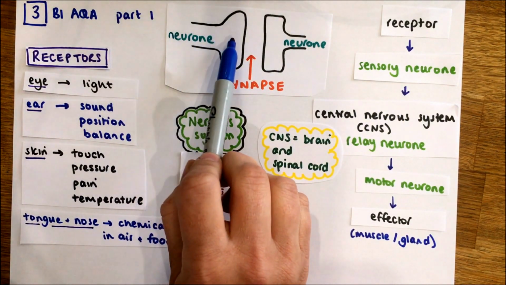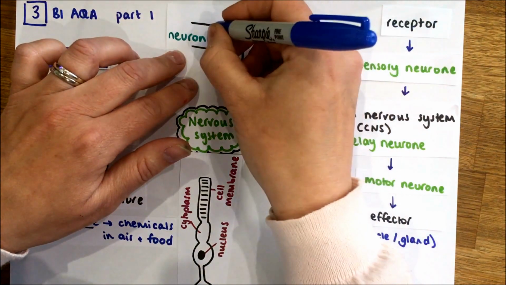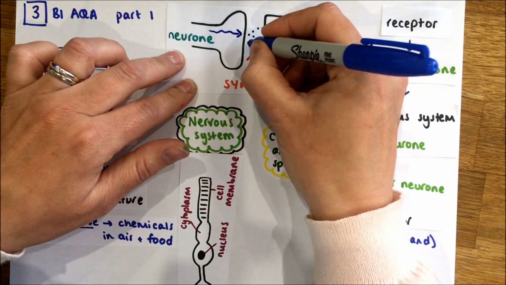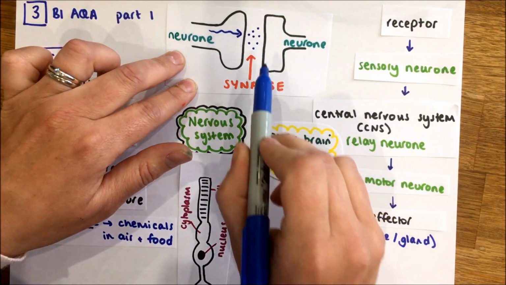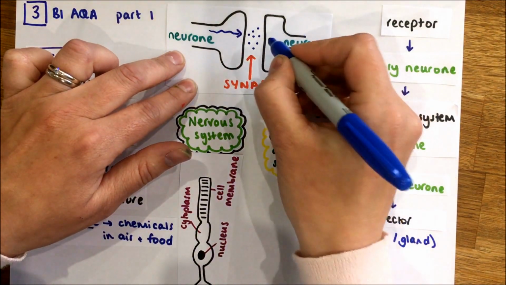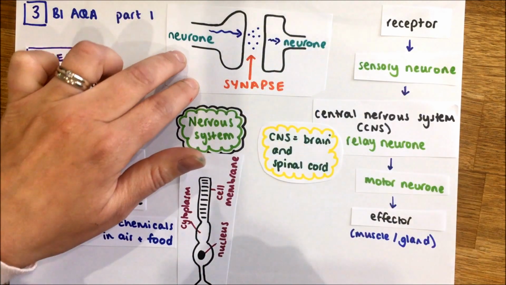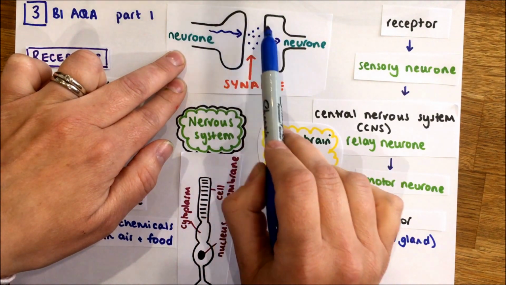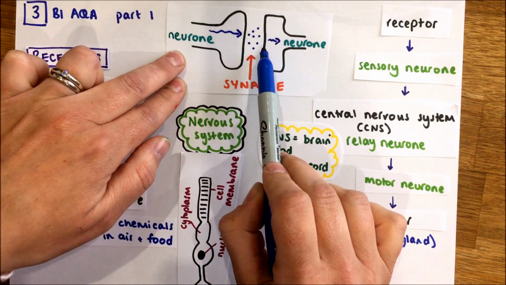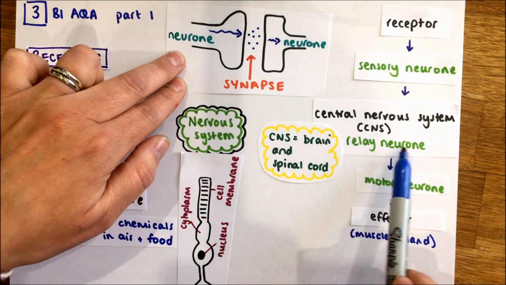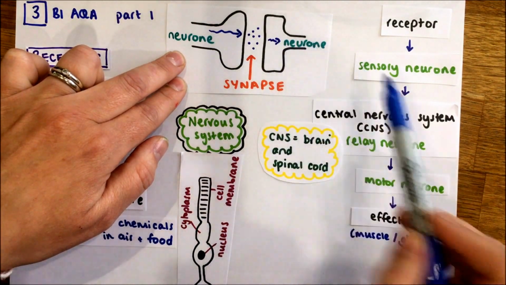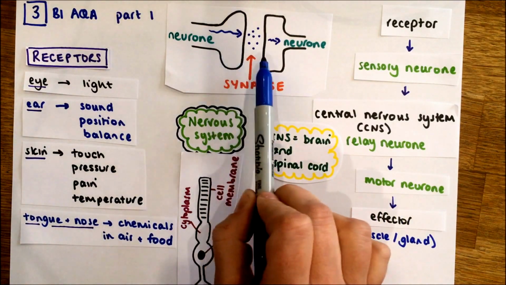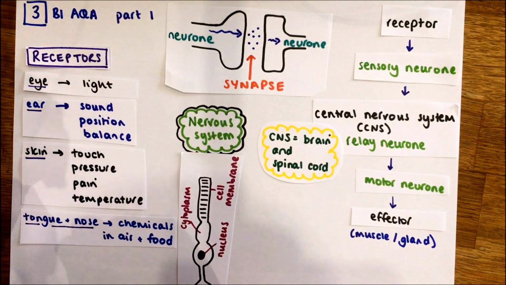So it passes down the sensory neuron, reaches this gap, and this is all an electrical message passing down, and then it releases a chemical into this synapse, and that chemical travels all the way across to this neuron here and then causes an electrical response in that neuron. So that could be the relay neuron. So traveling down the sensory neuron, releases a chemical, goes across the synapse into the second neuron, so for example the relay neuron, and travels off and then reaches a motor neuron and does exactly the same thing again. Okay, so that synapse is the gap in between the two neurons.